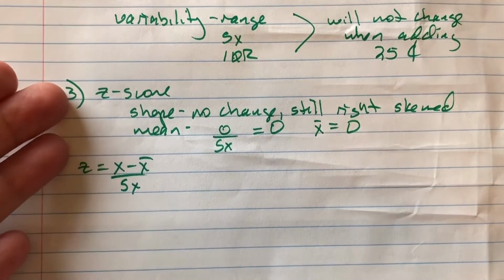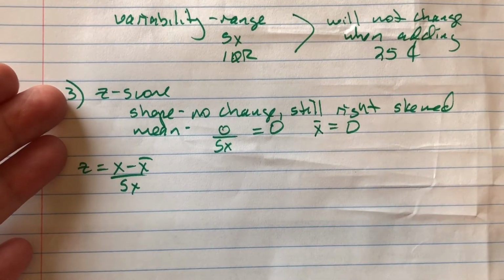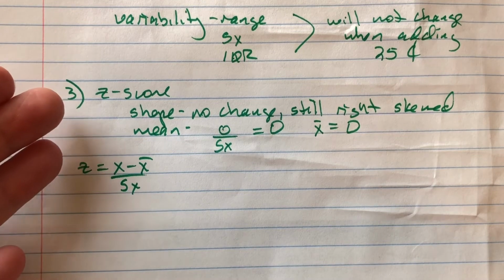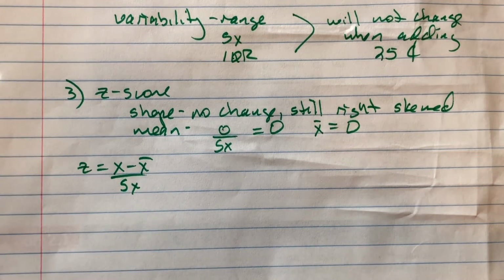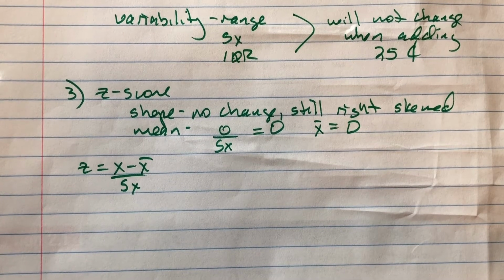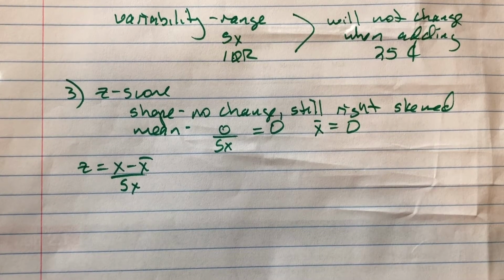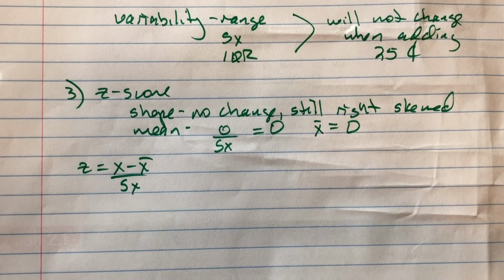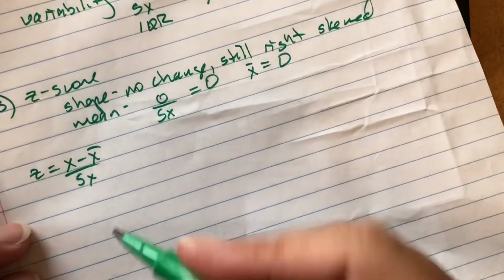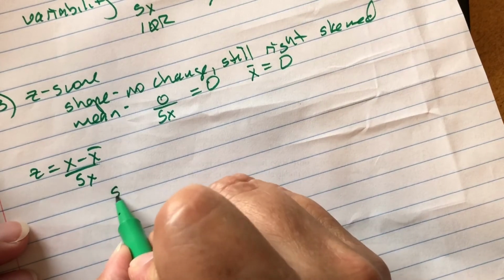Okay, and that is the mean of the z-score. Okay, when we do a z-score, the mean is always 0, and then we have z-scores that are greater than 0 or less than 0 to tell us if an observation is greater than or less than the average.